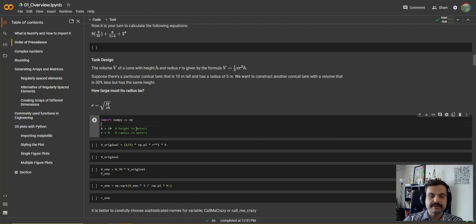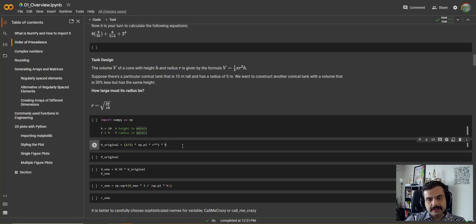It never hurts to comment the dimensions that you are dealing with. Actually, it is advised. H and R are widely used for height and radius. It might sound redundant, but I would rather provide those details. Once we have the initial height and radius, we can calculate the original volume using this.